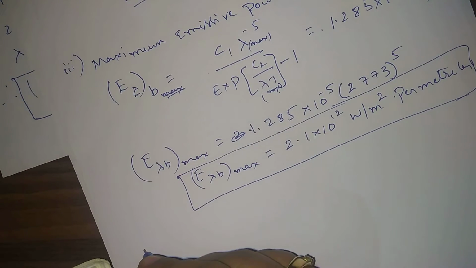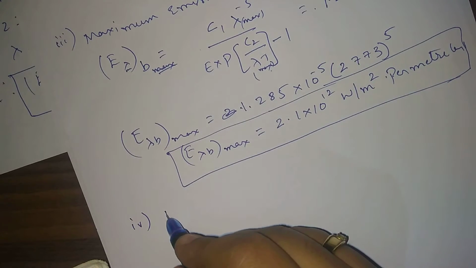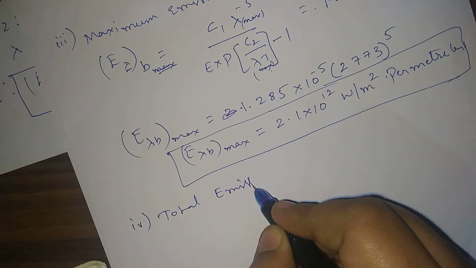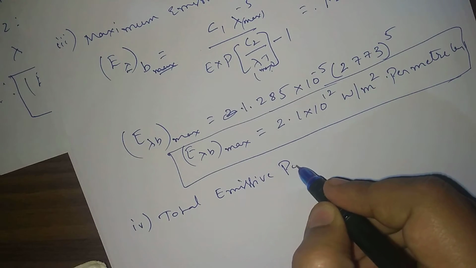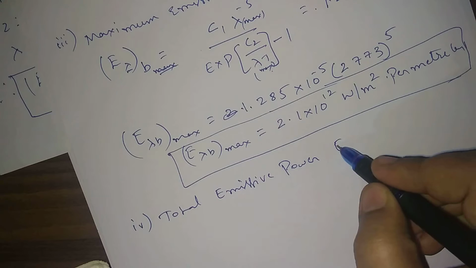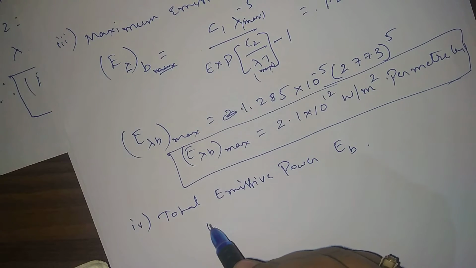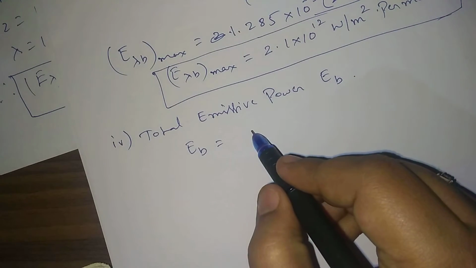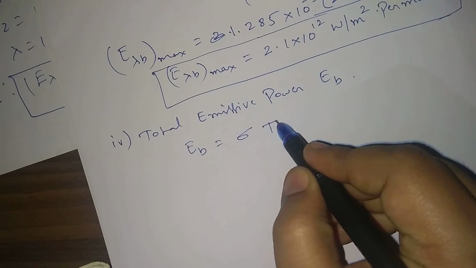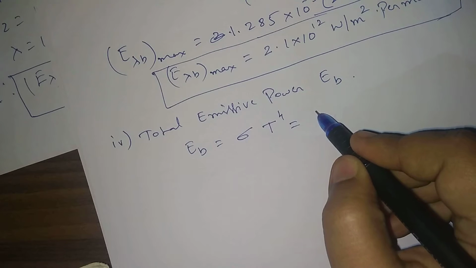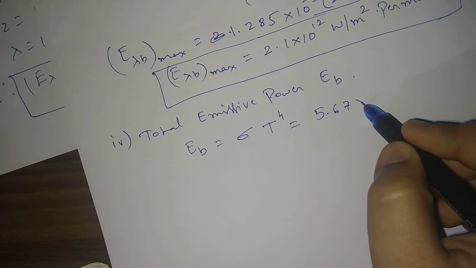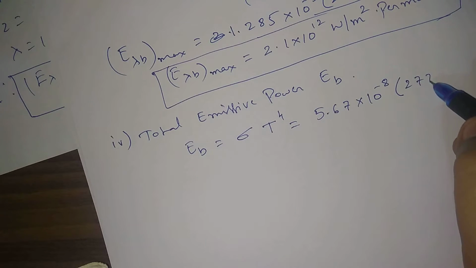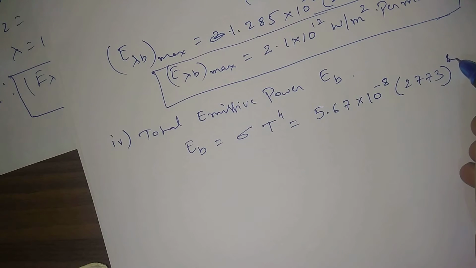So what is the next one? That is the fourth one, total emissive power. Total emissive power for the black body, again EB. So what is that given? The total emissive power is given, using Stefan Boltzmann law, as sigma T to the power of 4, which is 5.67 into 10 to the power of minus 8 into 2773 to the power of 4.